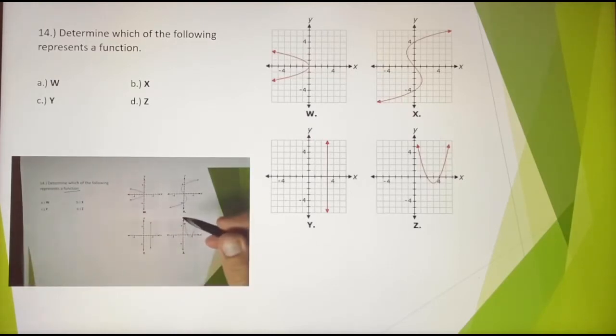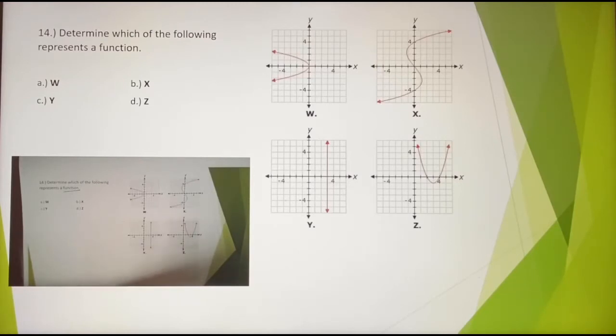What a function is defined as, you want to write this down, is that for every x, there is only one y. So for every x that you have, there can be only one y. If you have more than one y for the x, it is not a function.